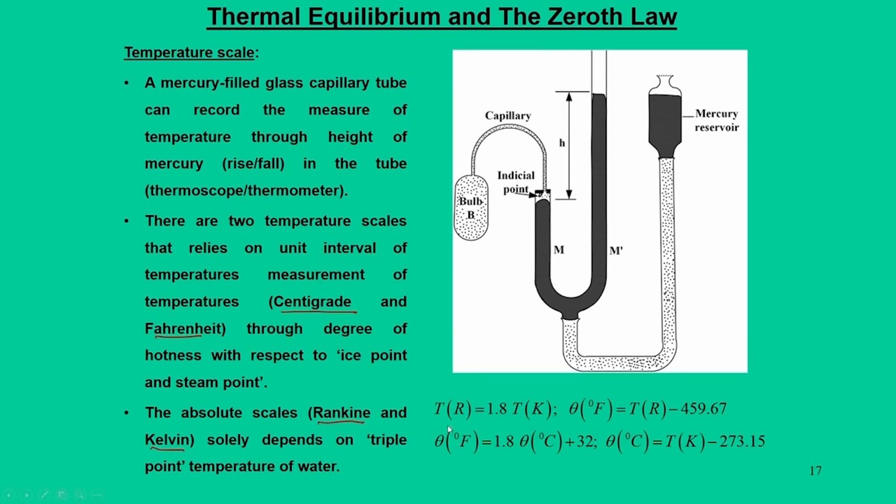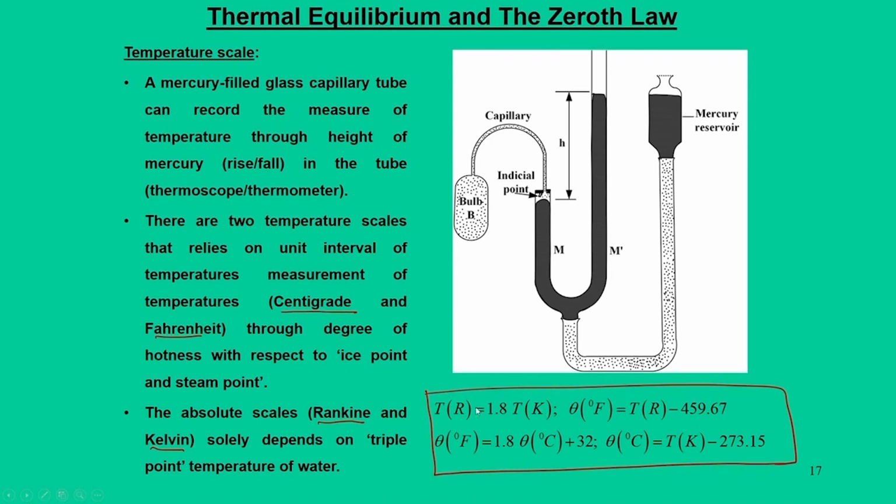The corresponding relations between the Rankine and Kelvin scales can be written like this. This is the standard relation that can be used in our day to day life. For example, if you want to specify a temperature which you know in the Kelvin scale, when you multiply it by 1.8, we get the temperature in the Rankine scale.